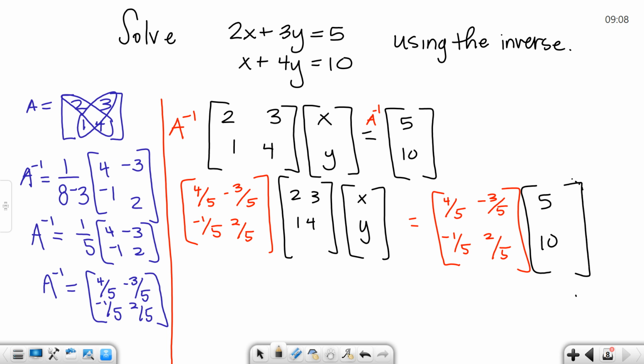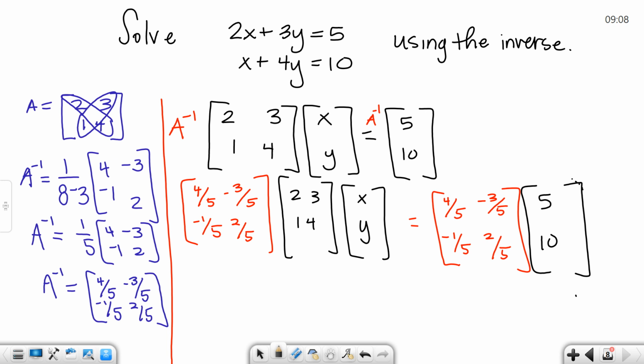You don't have to write all that up, but I did because I needed to show you what we're doing with it. So my A inverse would be that matrix, and we're going to multiply it on both sides. I'll give you a chance to get caught up.